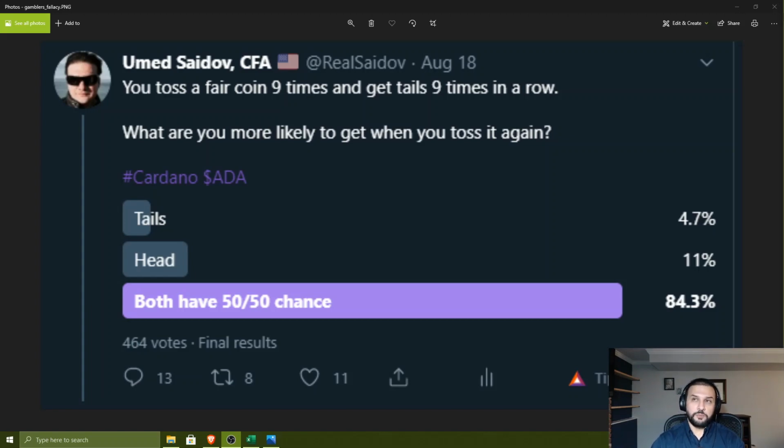The second one is probably more nuanced than that, and some of you might be thinking, okay, I've been given the information that it's a fair coin, but observing that it's a pretty rare probability of getting 9 times out of 9, I might adjust my probability and say the next one is going to be tails.